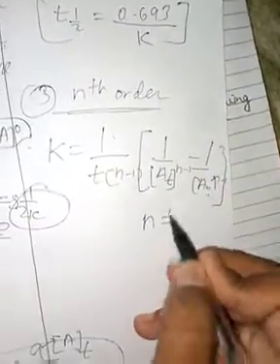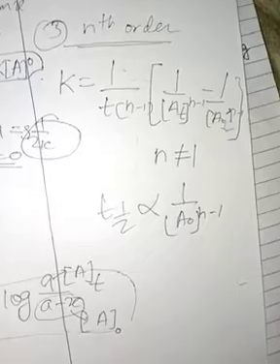This is not valid for first order reaction. And for t half, it is inversely proportional to a naught to the power n minus 1.